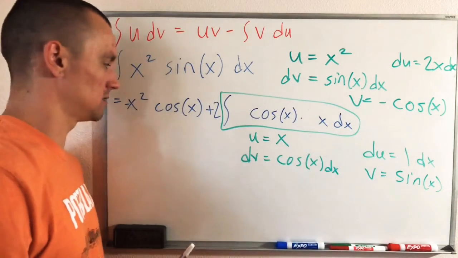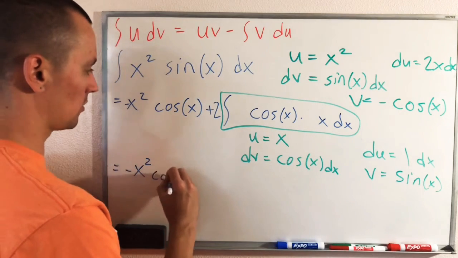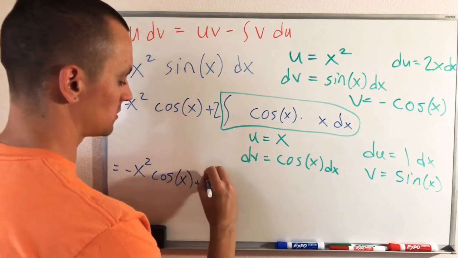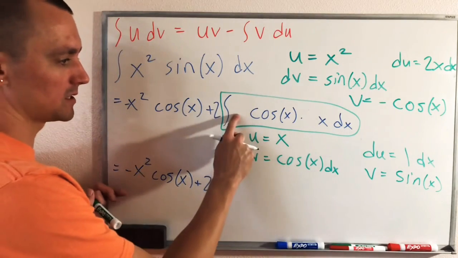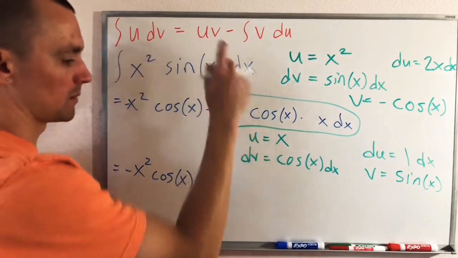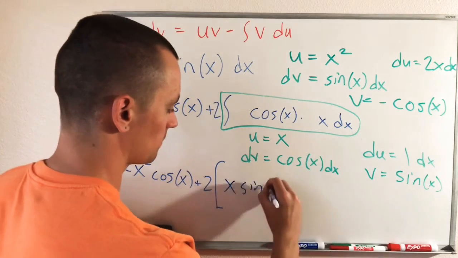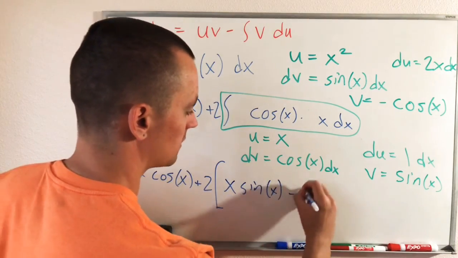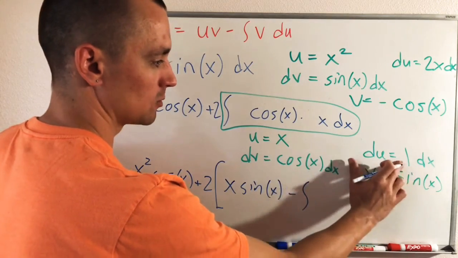So what that means is all the stuff out here in front, the negative x squared cosine x plus 2, is going to stay there. And then this integral is equivalent to our new u times v, which is x times sine x, minus the integral of our new v times du, so sine x times 1.